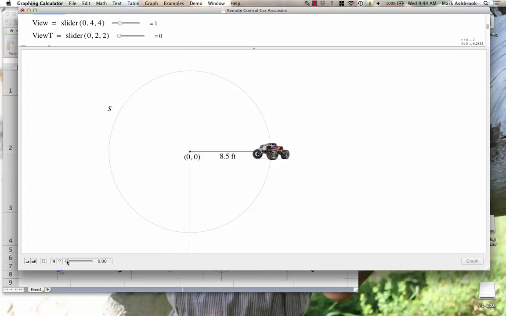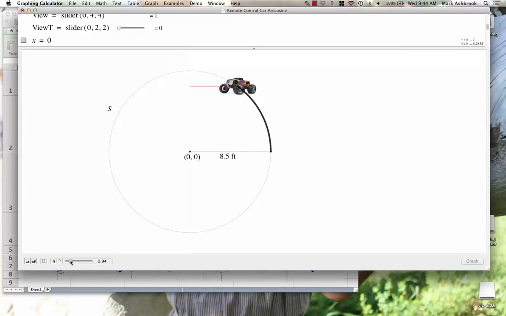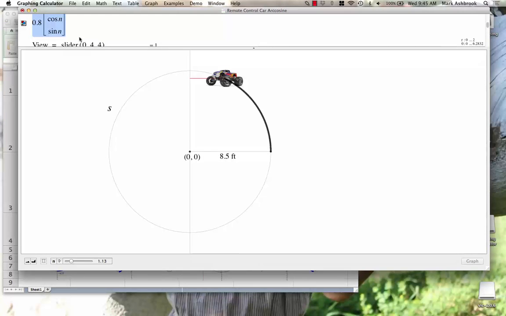Say the truck just travels in the first quadrant so that it is 3.5 feet to the right of the vertical diameter.